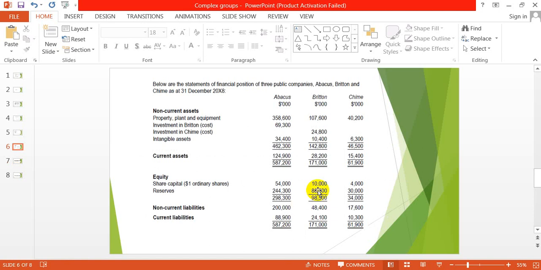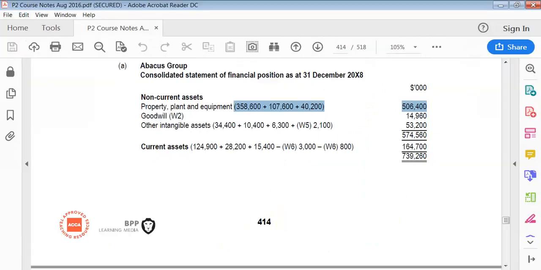We do not time apportion in the balance sheet, so we get 100% of the PPE. If there was a fair value adjustment in the tangible assets, we would have had to add or subtract the fair value adjustment and take into account the amortization, the depreciation. In this case, we don't have, so just get that total, which gives us 506,400.